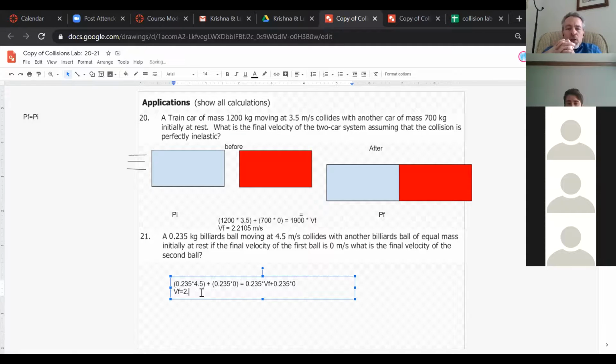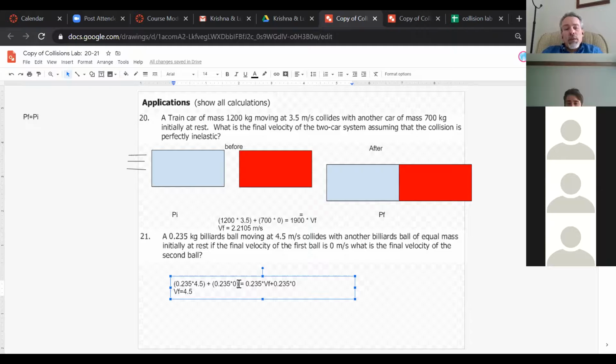Okay, so I have another question then for you. In this case, what kind of collision would this be? Inelastic. Well, inelastic would be if there would be some loss of energy, right? But I want you to look at this. They have the exact same masses, and the speed of the first ball is 4.5, and then after the collision, the speed of the second ball is also 4.5.